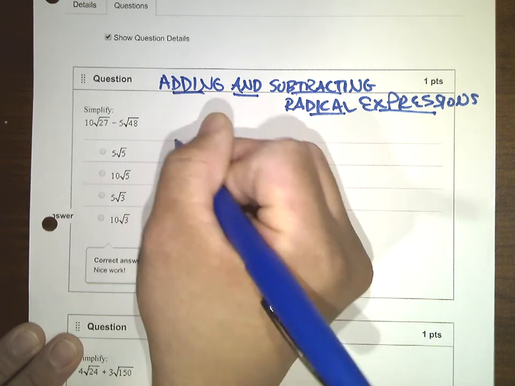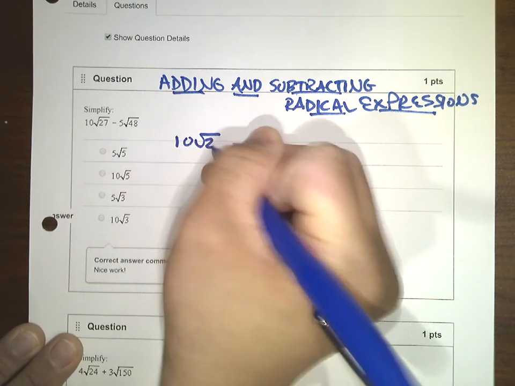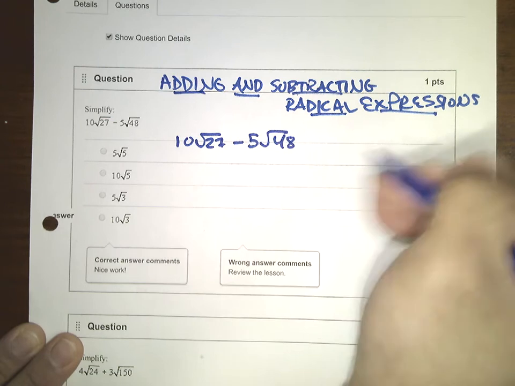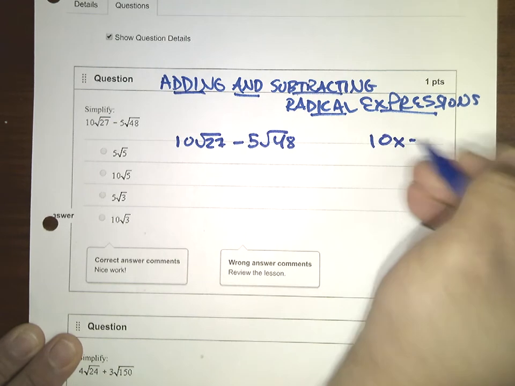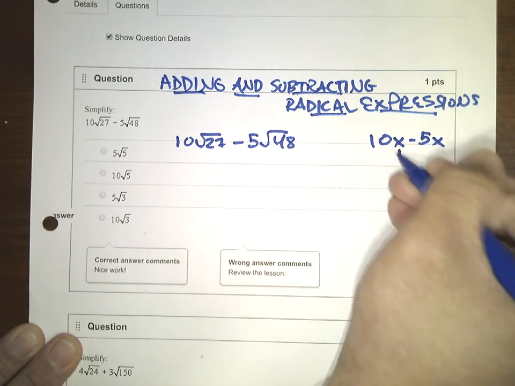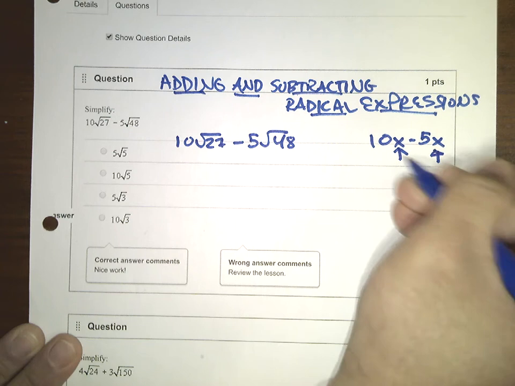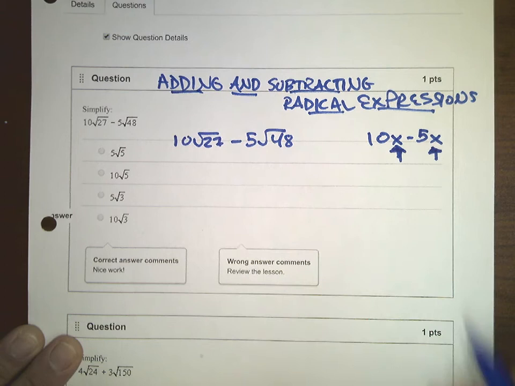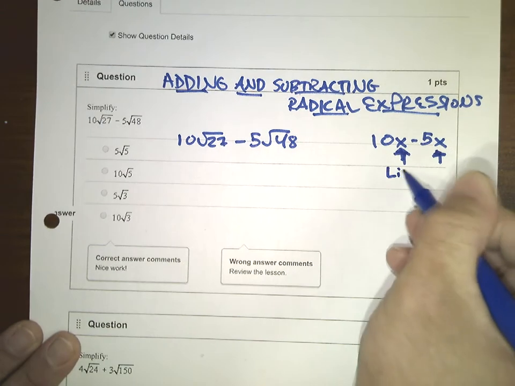So we have to look at this the same way that we would look at something simpler like 10x minus 5x. These would both need to be the same variable before we could actually subtract these. So that's what we call like terms.